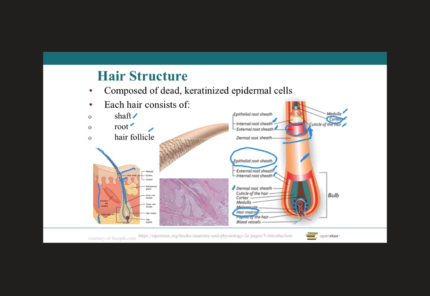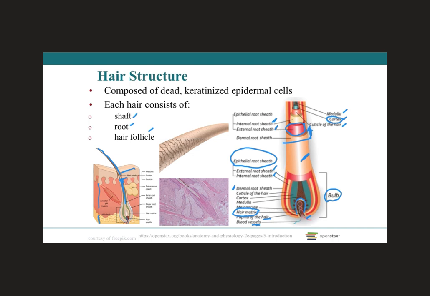On the base of each hair follicle and its surrounding dermal root sheath is an onion-shaped structure that's called the bulb. This structure will house what we call the hair papilla, which will contain many blood vessels that will be used to nourish the growing hair follicle.